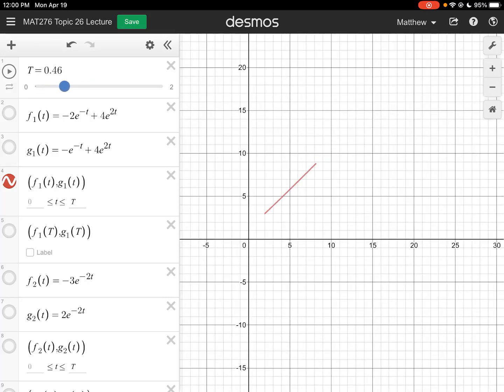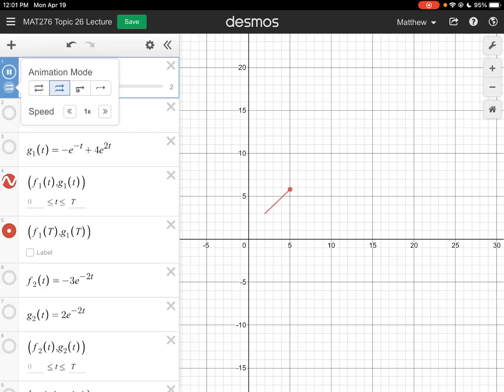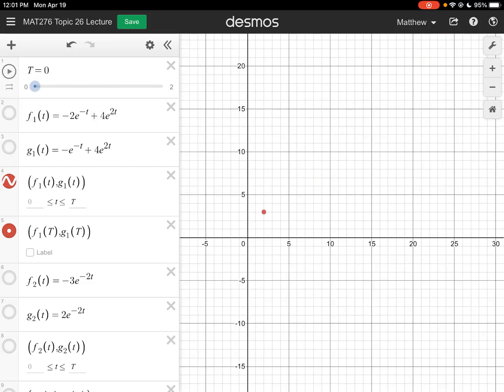When you drag t, it shows the point moving effectively as time moves on to infinity. And if you want to reveal the point, then I have this f1 of capital T comma g1 of capital T, and then you can see how the solution advances in the xy plane as t advances. So remember, initially we were at the point 2, 3. So you can see we're at the point 2, 3, and then the solution as time advances moves off into the first quadrant like this.